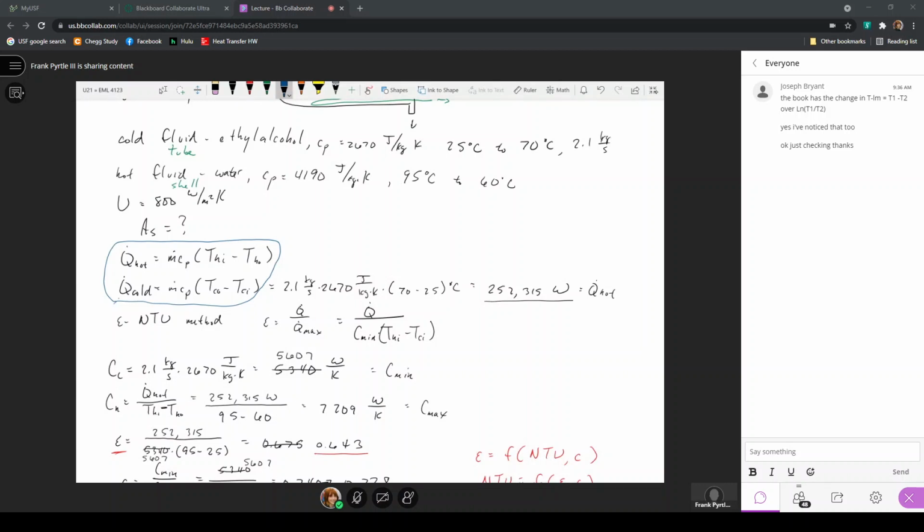If we know the fluid, we use the specific heat of that fluid at the average between the inlet and outlet temperatures, where we're actually measuring those temperatures. We can determine exactly how much heat is lost by the hot fluid, exactly how much heat is gained by the cold fluid, and thus consider how much heat is transferred between the two fluids, which would be in the numerator of the definition of the effectiveness of that heat exchanger.